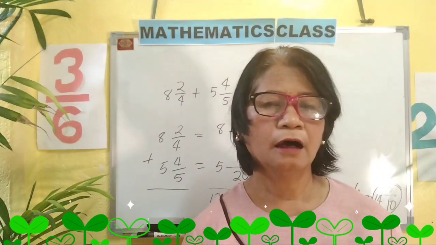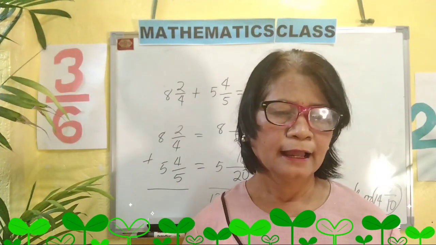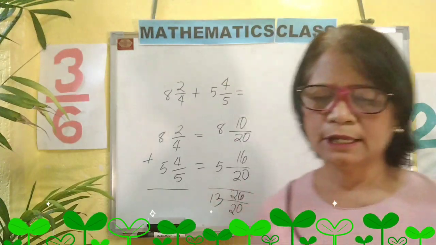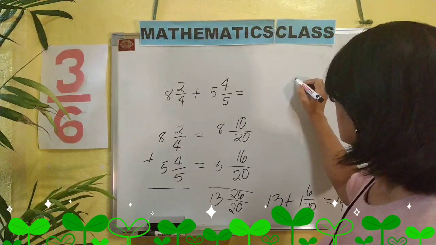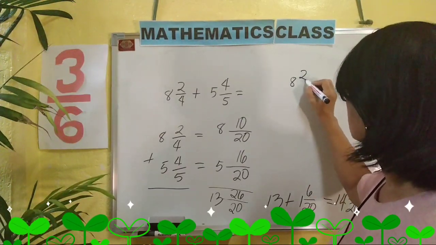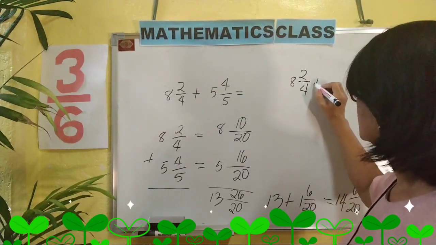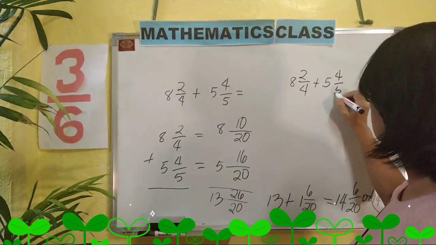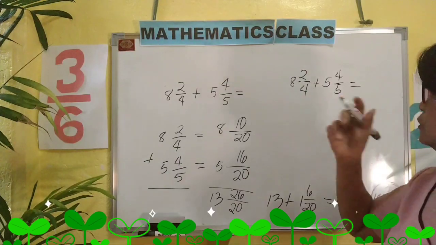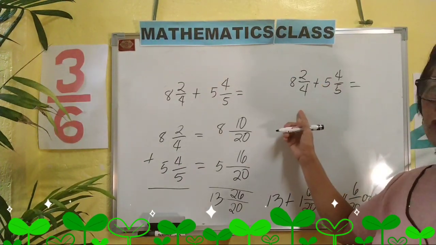Another way of finding the sum is 8 and 2/4 plus 5 and 4/5 equals, okay, another way, you have to change this into improper fractions.